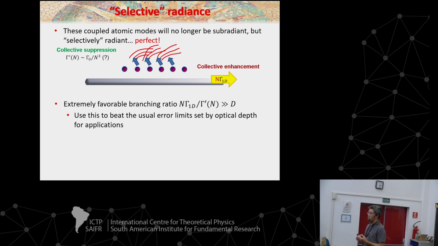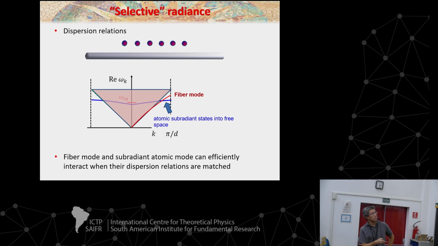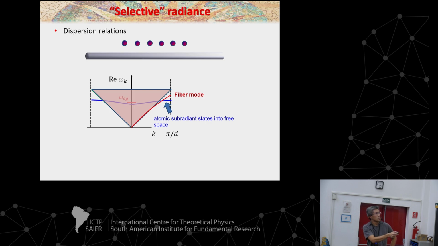Sorry, but what do you mean by a light cone? Oh, okay, yeah. So I argue that if you have k vectors within this triangle, within the light cone, they should radiate. K vectors out here should not. So in other words, the decay is really not in position space, but in momentum space.